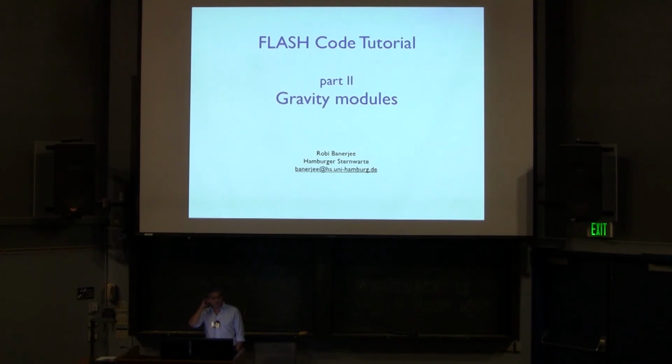And there were also questions about the number of refinement levels you can use for the FLASH code, meaning what kind of resolution you can go to. Essentially there's no real limit. I think there's a hard limit of the order of about 40 refinement levels, so a dynamical range of 2 to the 40 or something, quite a big number.